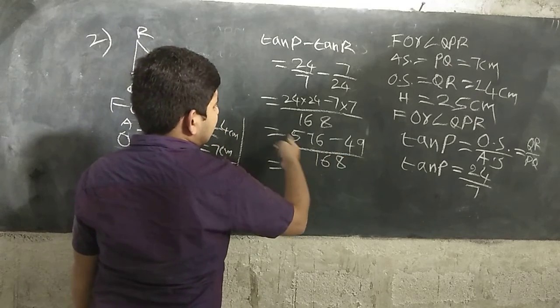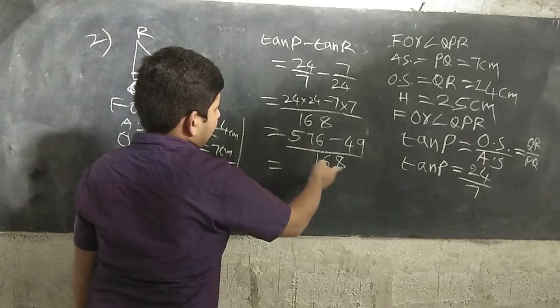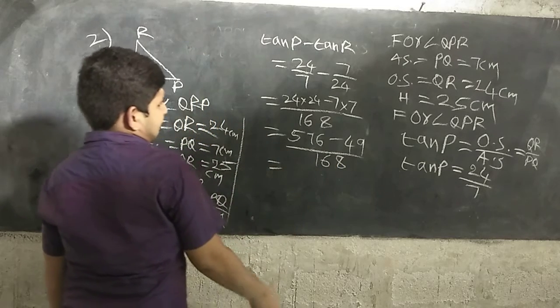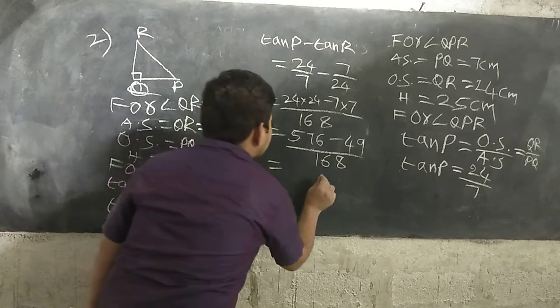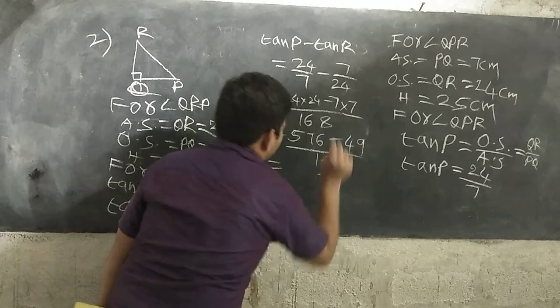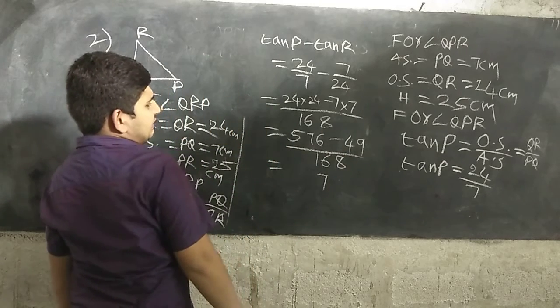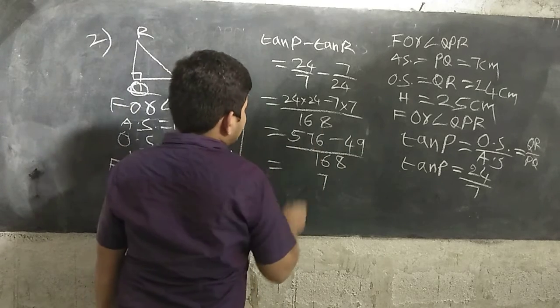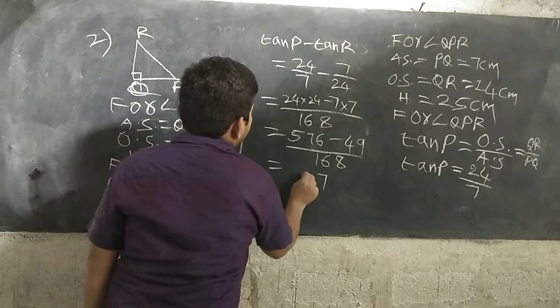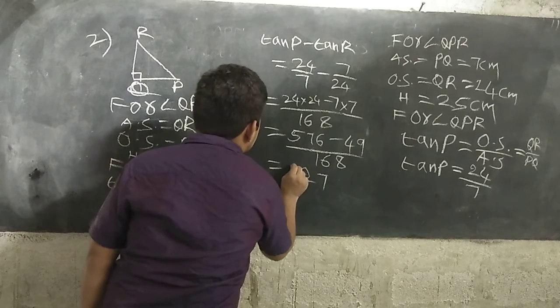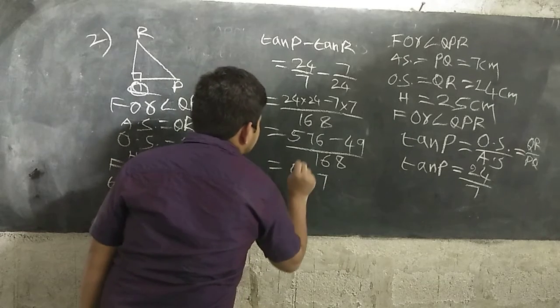So that is equal to 576 minus 49. How much? 16 minus 9 equals 7. 6 minus 4 equals 2. So 527 by 168.